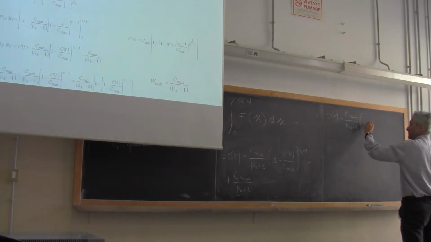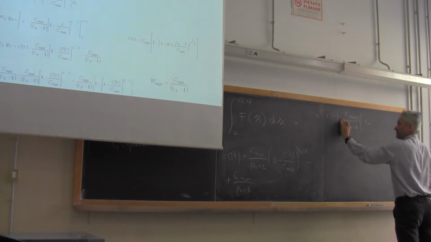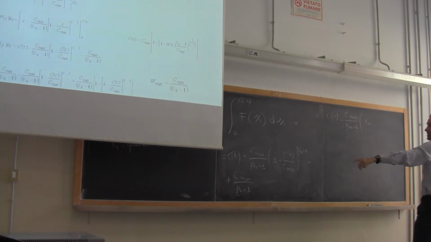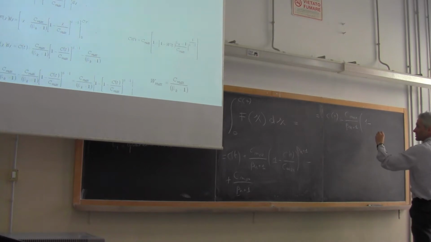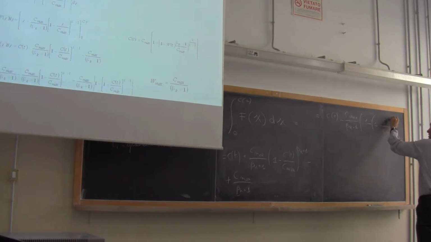I can write 1 minus, I put a minus here and then I change sign between parentheses, so it's 1 minus 1 minus Ct divided by Cmax to the power of beta k plus 1. Should be this expression here.